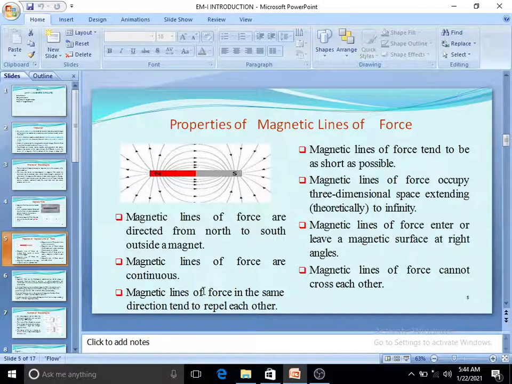North north repel, north south attract. And these lines cannot cross each other. Magnetic lines of force may not intersect each other, right? So these are the main properties you need to remember about the magnet.